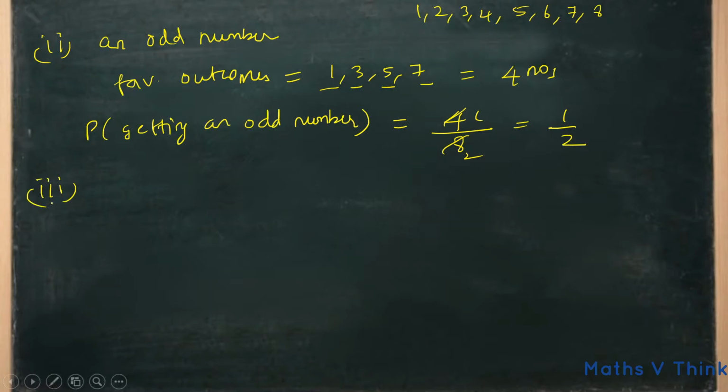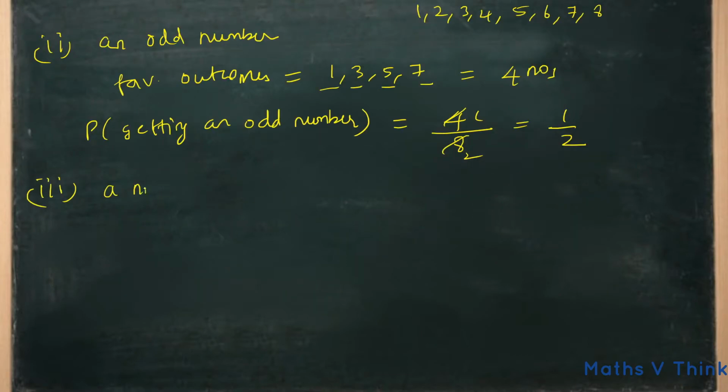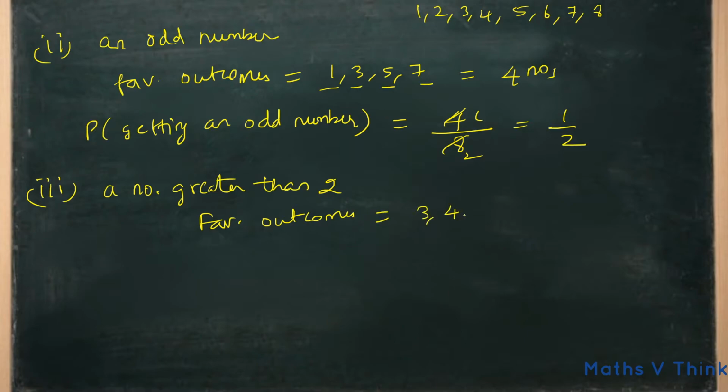The third one is a number greater than 2. So favorable outcomes are, greater than 2 means the numbers are 3, 4, 5, 6, 7 and 8, which is equal to how many numbers? 1, 2, 3, 4, 5, 6.